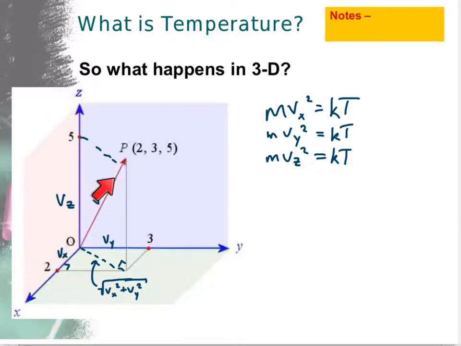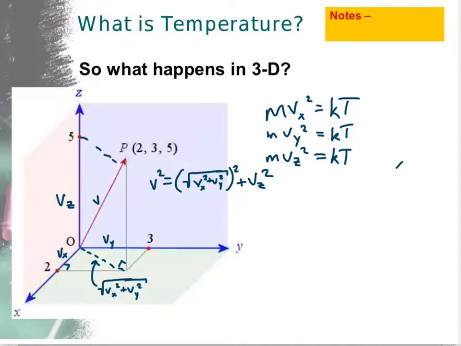So if I wanted to calculate what v is, I would take this squared plus this squared. So by the Pythagorean theorem, this squared is equal to this squared plus this squared, and this is actually vz, so that would just be vz squared.